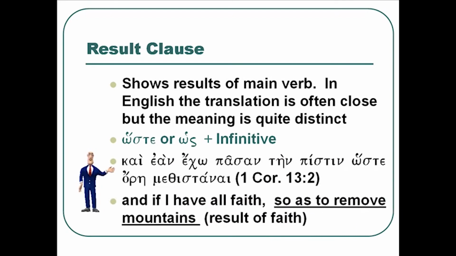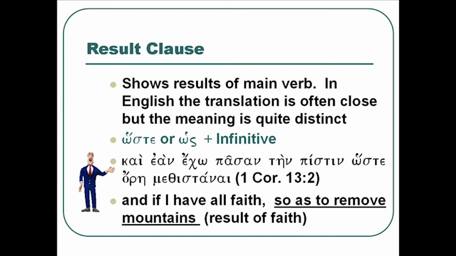And an example of this would be kan echo pasan ten pistin hosteore methistanai. And if I have all faith, pasan ten pistin, so that, with the result that, hoste ore, so as to remove mountains. The result of faith, the removal of mountains.